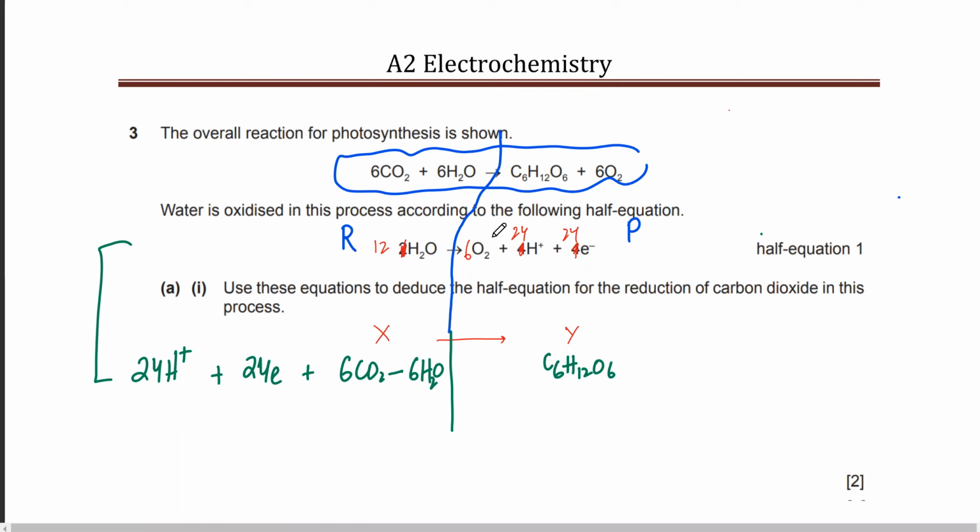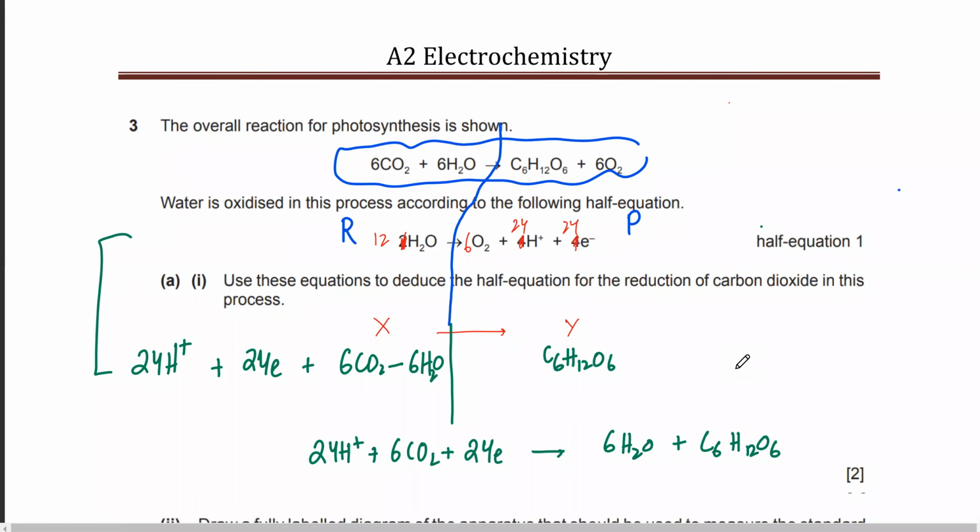So I found my second reaction, which is going to be 24H+ plus 6 CO2s plus 24 electrons being gained. I'm going to take the water on the other side, so it's giving me 6 water molecules and C6H12O6. Is this clear? Yes, sir.